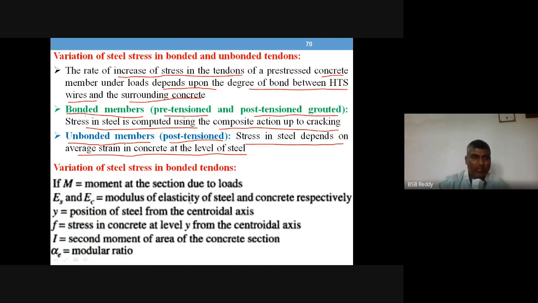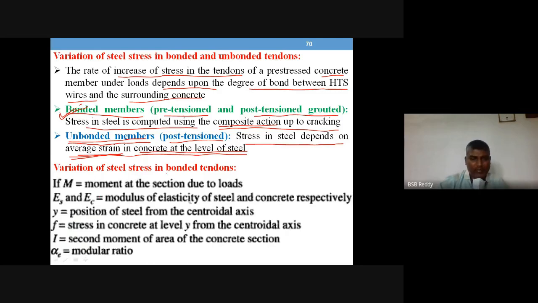So for bonded members, if you want to calculate the stress in steel, you have to use composite action. For unbonded members, you have to calculate with the help of strain in concrete at the level of steel.